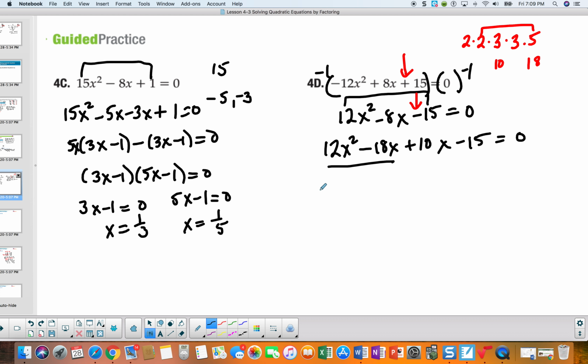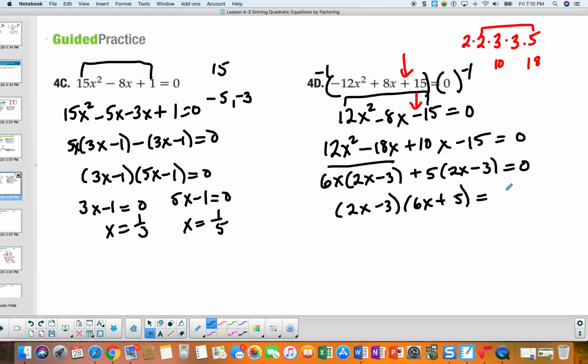Okay, I'm going to use these two, and I need a 6x out, and then that'll be 2x minus 3 plus, and then I'm going to take a 5 out, and that'll be 2x minus 3 is equal to 0. The common factor is 2x minus 3, and what's left is 6x plus 5. I have factored it.